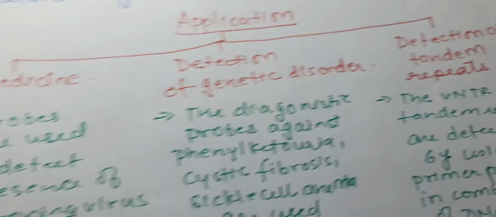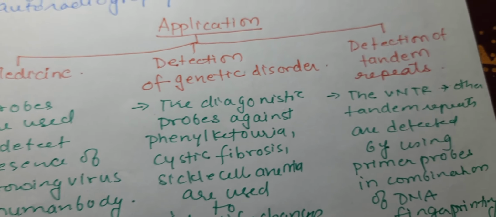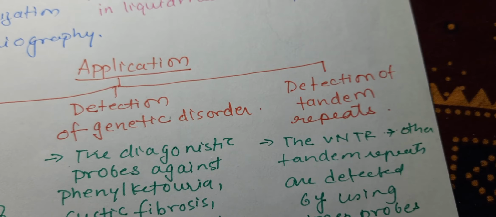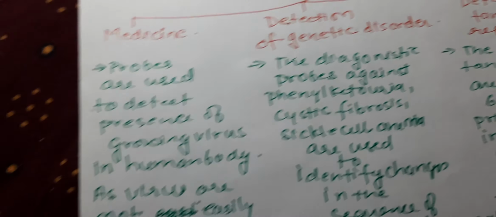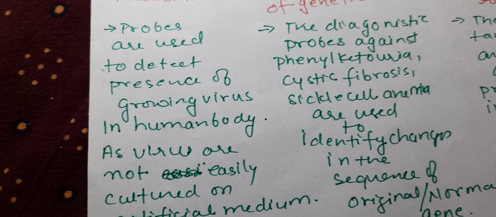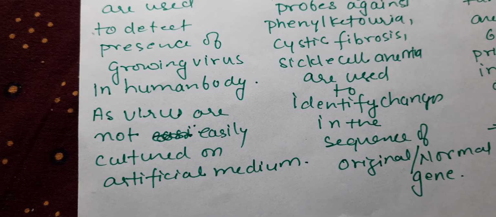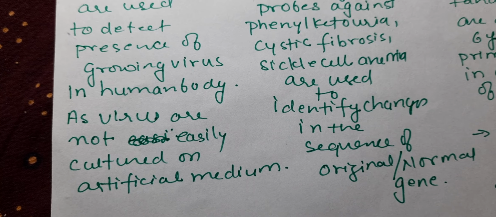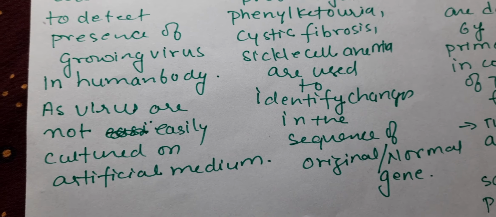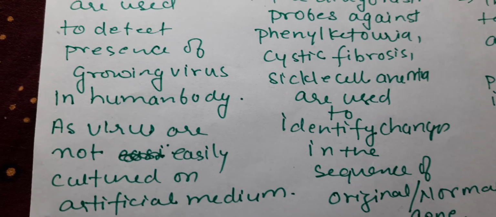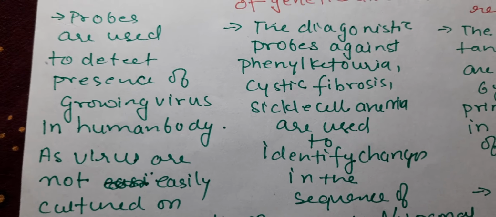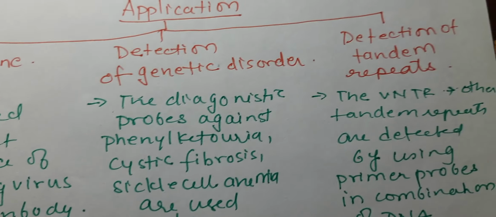Now, what are the applications used in medicine? Detection of genetic disorder and detection of tandem repeats. In medicine, probes are used to detect the presence of growing virus in the human body, as viruses are not easily cultured on artificial medium. We have already seen in real-time PCR how the probe is used. Then for detection, a fluorescent probe is used.